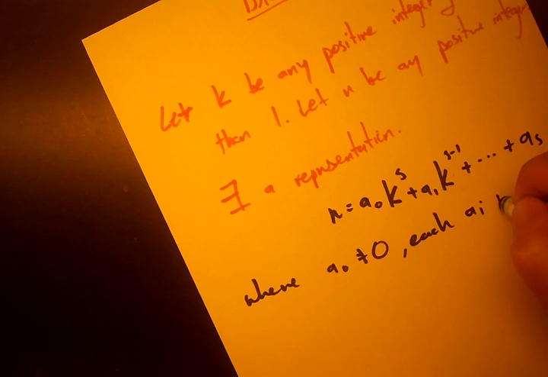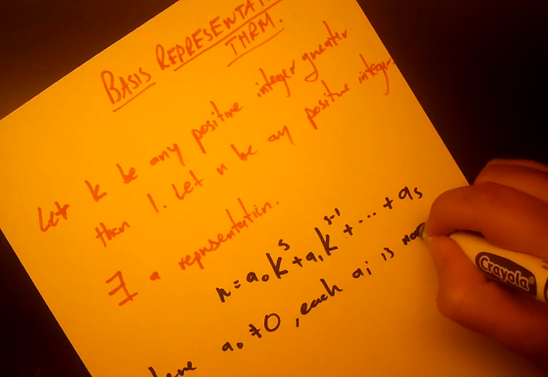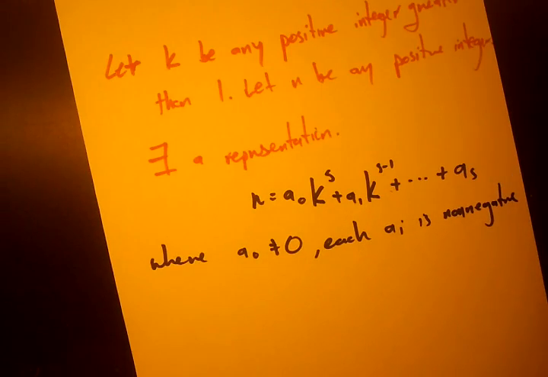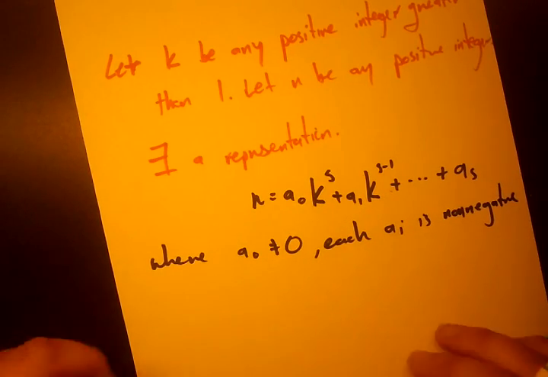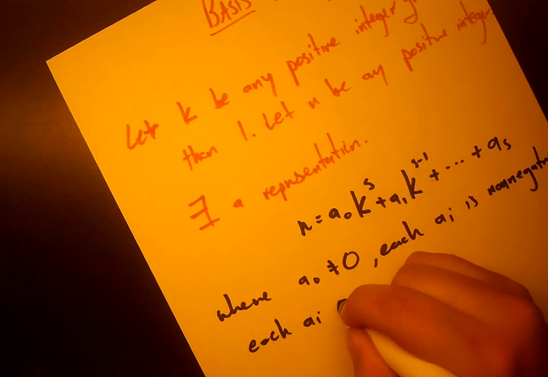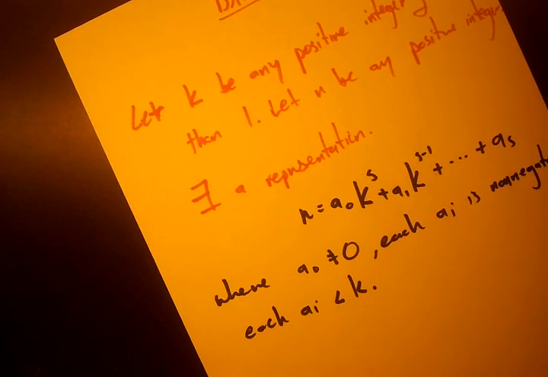Each ai is non-negative, so it can be 0, it just can't be a negative number, and each ai is less than k.